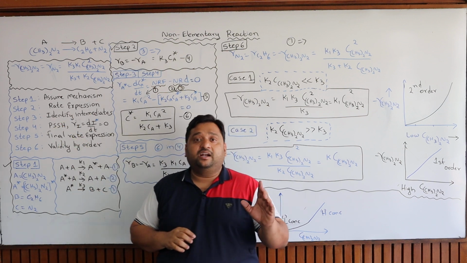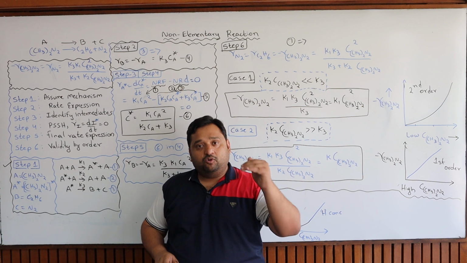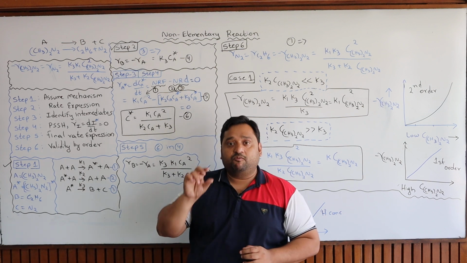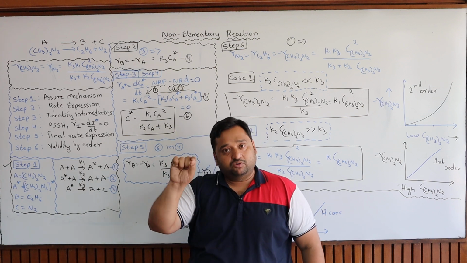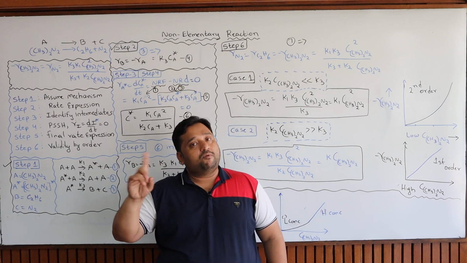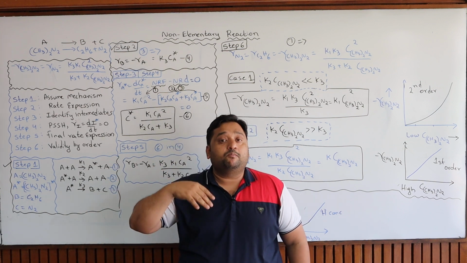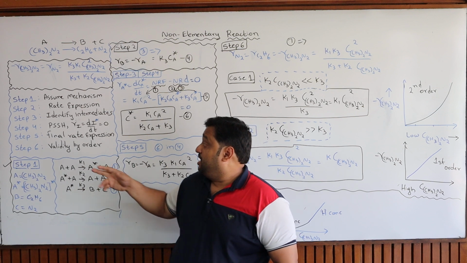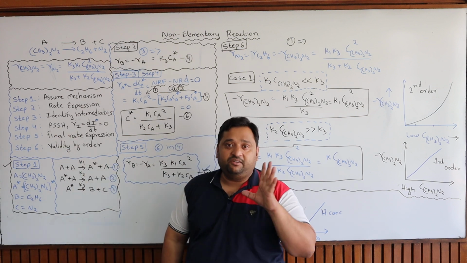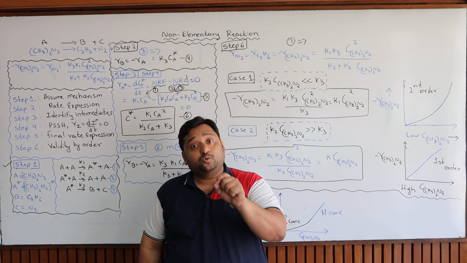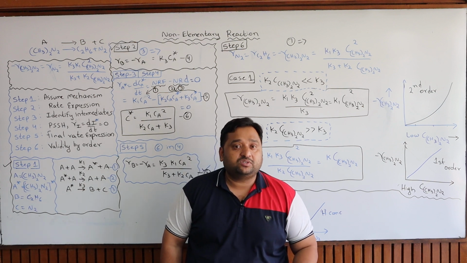Step 3: identify the intermediates. Out of the reactions you have listed, what are the intermediates? List them out. Sometimes it could be one intermediate, sometimes more than one. Step 4: once you identify the intermediates, apply the pseudo steady state hypothesis for those intermediates.